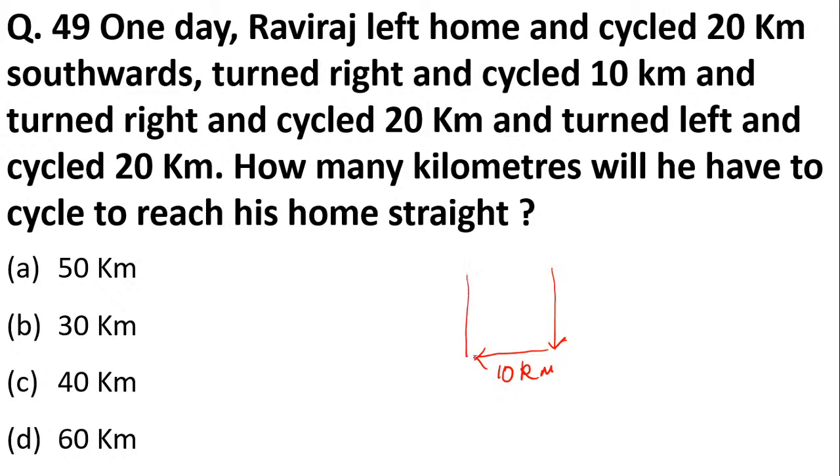So since this is 20, this is also 20. And turned left and cycled 20 kilometers. Again, he cycled this much, 20 kilometers. How many kilometers will he have to cycle to reach home straight? So this point was his home. So if this is 20 and this is 10, the total will be 30 kilometers. B is the right answer. Okay.